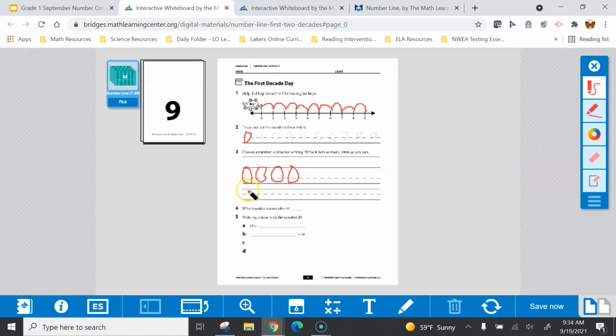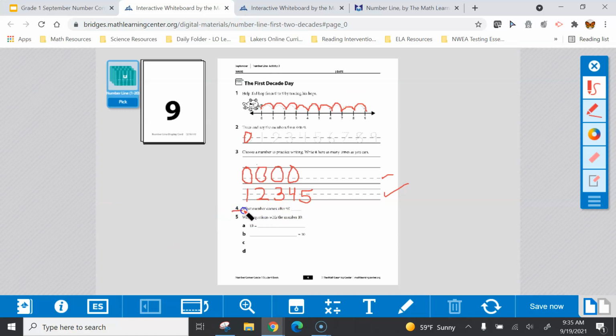You can, as I mentioned, write all of the numbers. But the reason we're doing this is to practice writing our numbers in our very best handwriting. So you have 2 lines, these lines here and these lines below, to actually practice writing your numbers. Once you do that, you have a job down here.